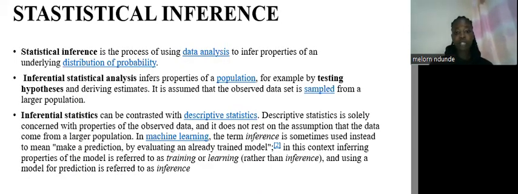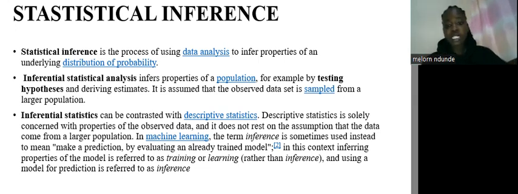Then lastly, we have statistical inference. Statistical inference is the process of using data analysis to infer properties of an underlying probability distribution. Inferential statistical analysis infers properties of a population, for example, by testing hypotheses and deriving estimates.